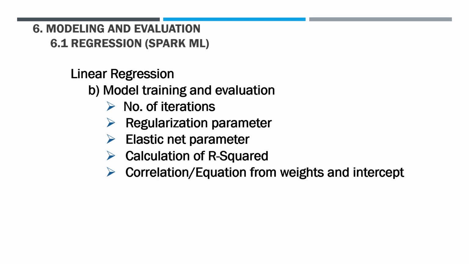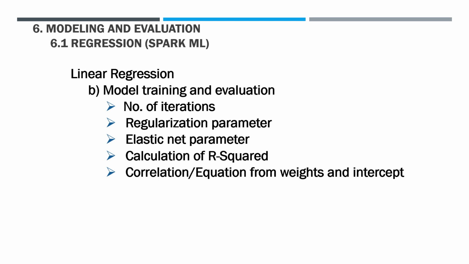After loading the dataset onto Apache Spark, it was split into testing dataset and training dataset. The training dataset was passed to the model for training purposes, and the number of iterations, regularization parameter, and elastic net parameter were tuned for optimization purposes.